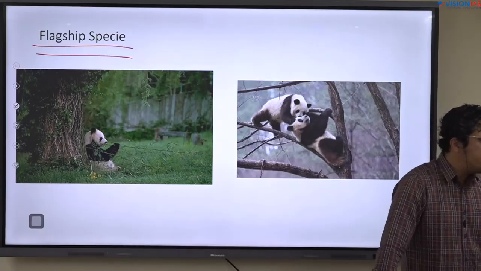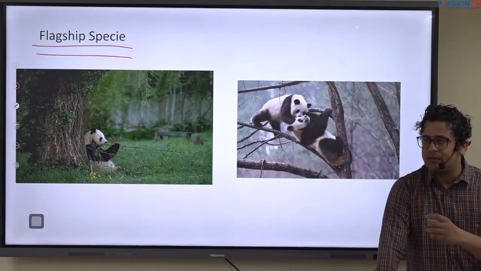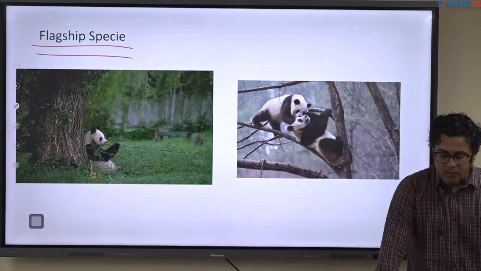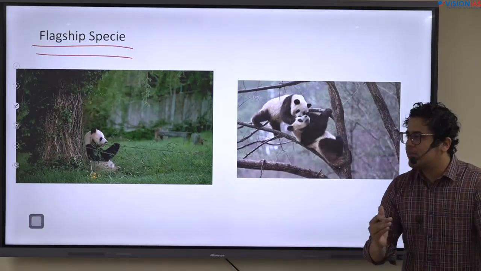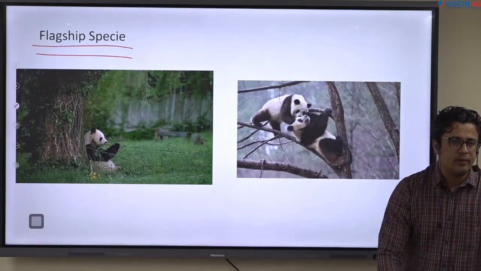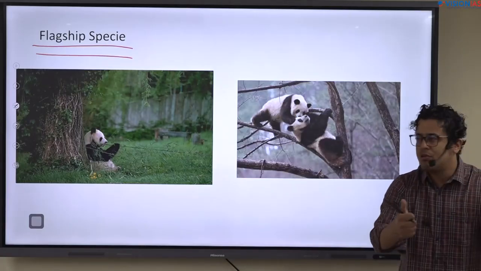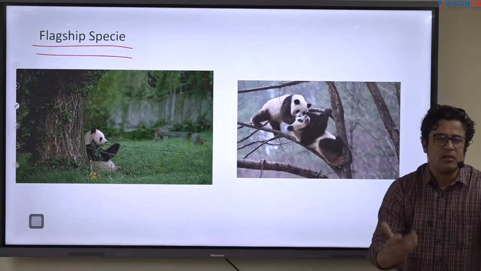So when you make a species a symbol, an icon, or a brand ambassador, that species would be called a flagship species. For example, Assam tourism. How do they promote their tourism? By using rhinos. If you have seen the ad of Assam tourism, they will show rhinos in that. That if you want to see rhinos, you have to come to Assam. So that is how they promote their tourism.